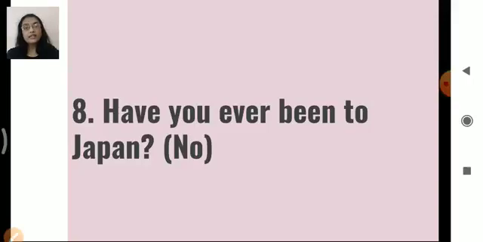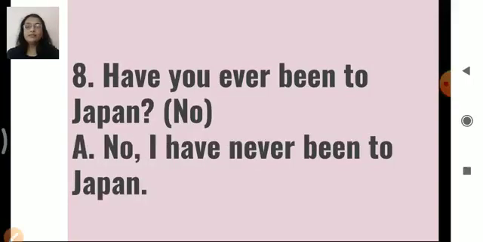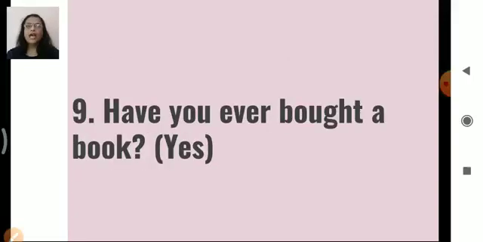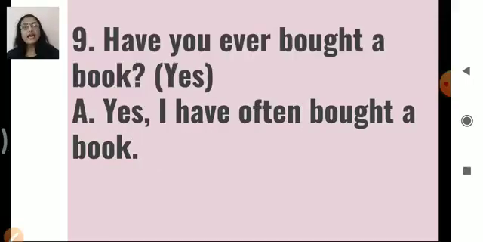It is given in bracket. So our answer will be, "No, I have never been to Japan." Have you ever bought a book? Yes. The answer is, "Yes, I have often bought a book."